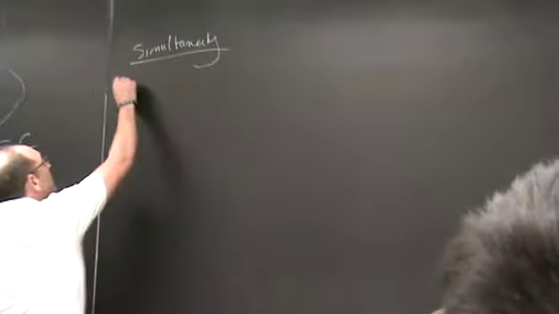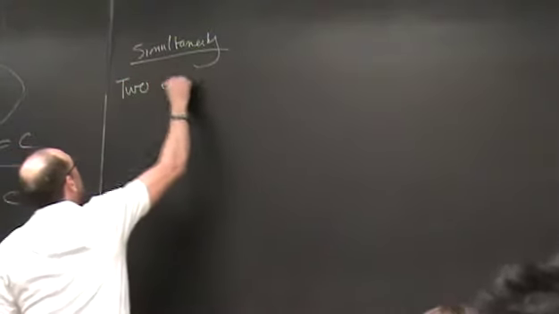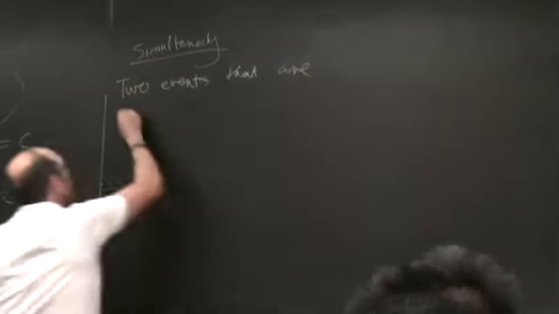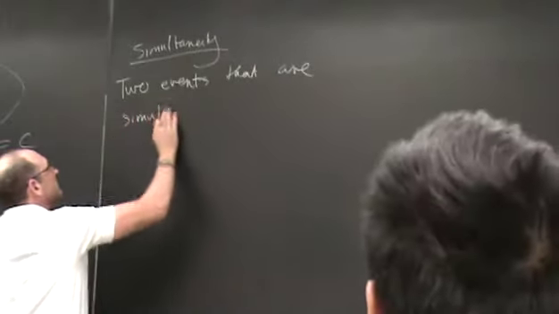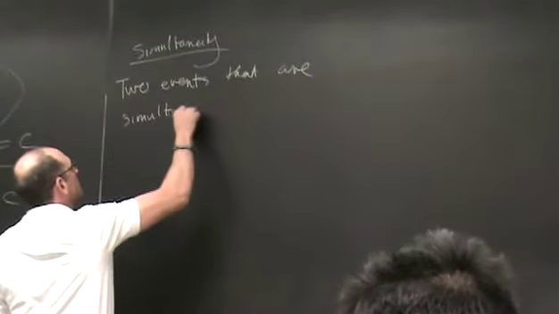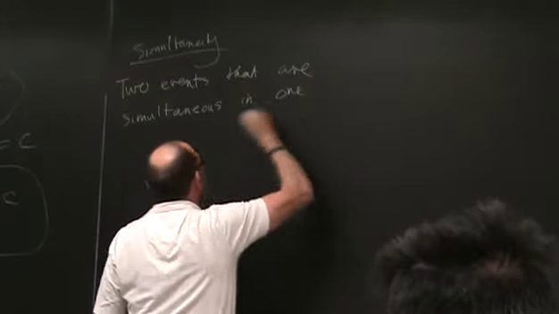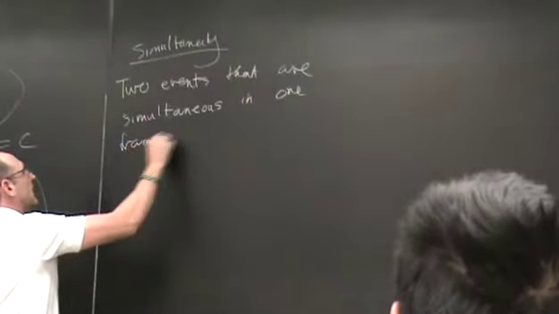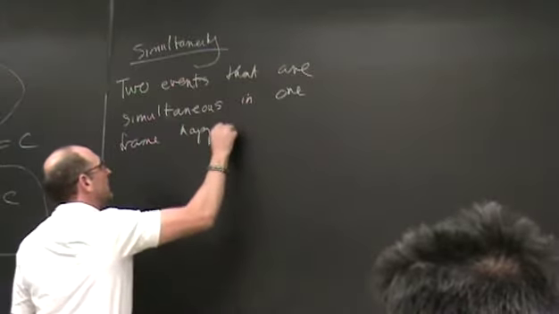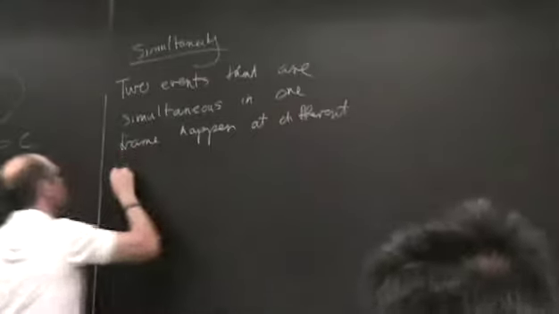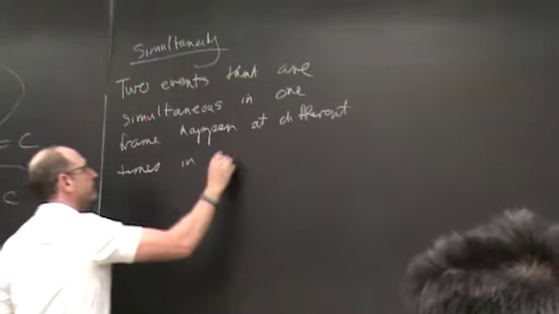But the fact of the matter is they don't. So two events that are simultaneous in one reference frame happen at different times in a co-moving frame.